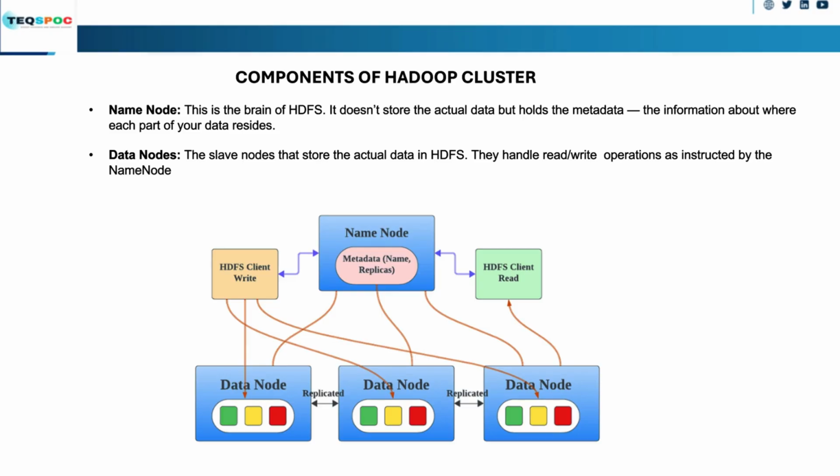NameNode will allocate and assign the data nodes where my data will be put into separate blocks. And based upon the replication factor, in what nodes the data will be replicated, that will also be decided by the NameNode only. So this is the reason the NameNode is termed as the master, whereas the data nodes, which are only keeping the data, are termed as the slave.